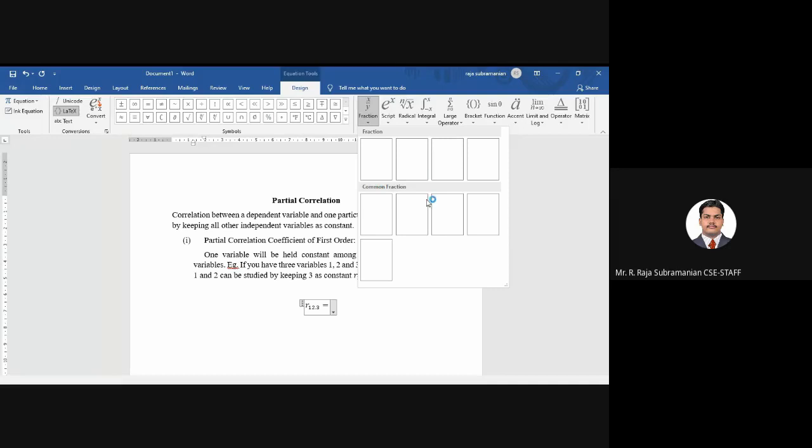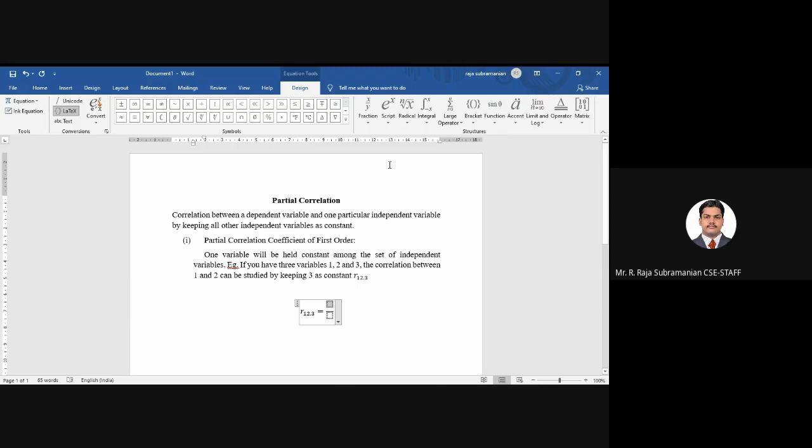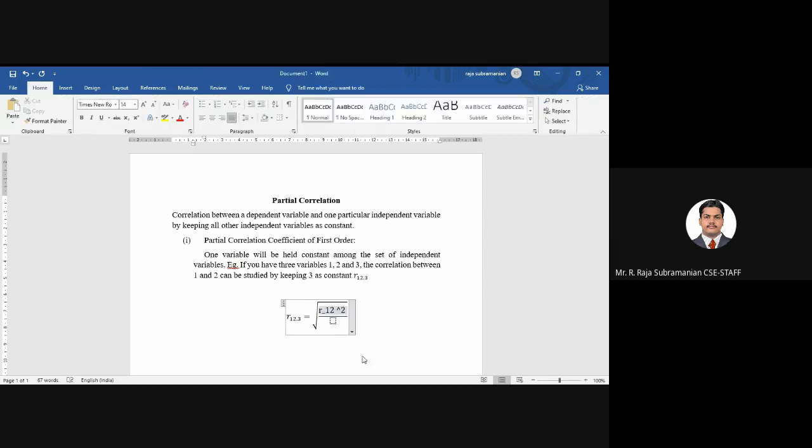So I need to put one square root also. Yes, square root of r12 squared minus 1.